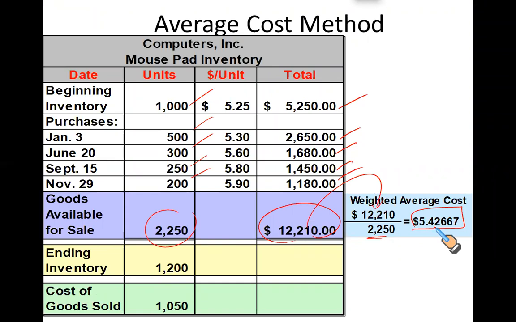Now you will use the same rate, 5.42667, to calculate your cost of goods sold. When you multiply, you will get the value of closing stock, which should be 1,050 multiplied by 5.42667.